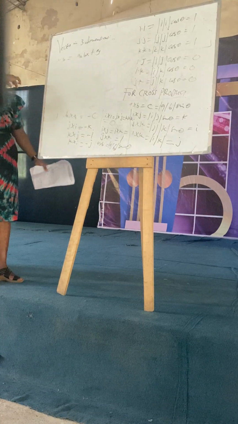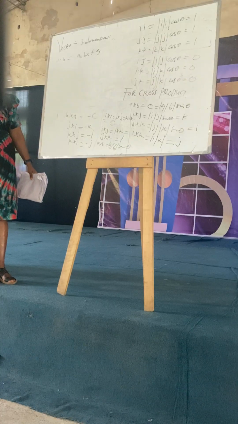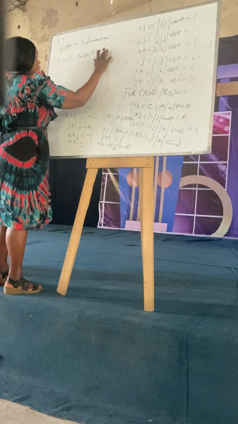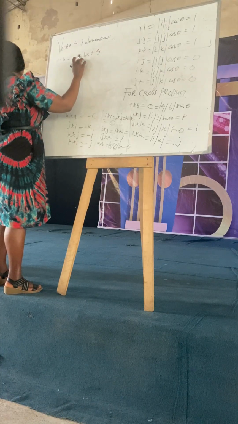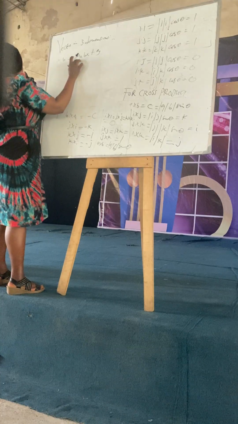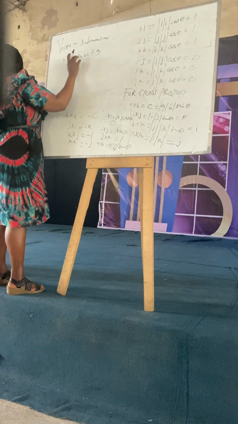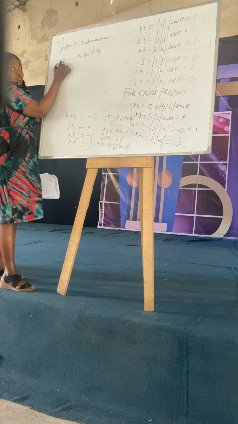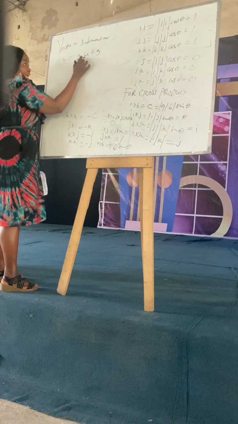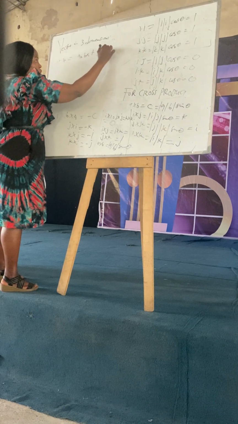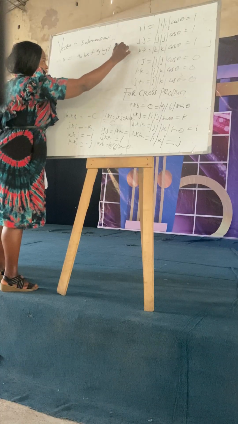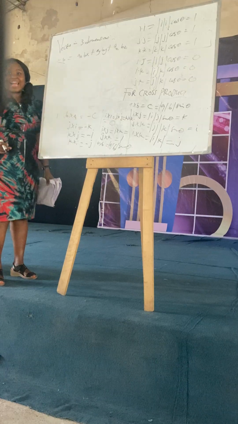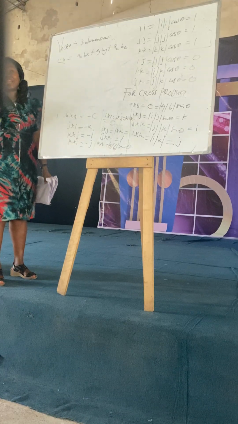Remember, we're talking about vectors in three dimensions: X, Y, and Z. A will have X, under Y you have AY, BY, and under Z you have AZ, BZ. You have two vectors, A and B, in three dimensions.